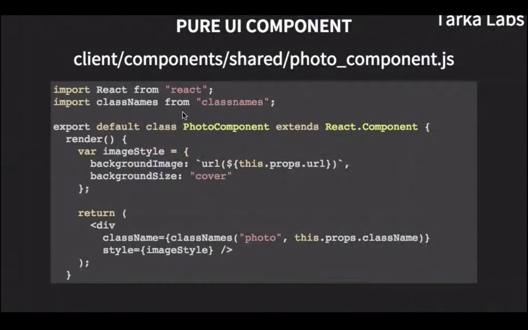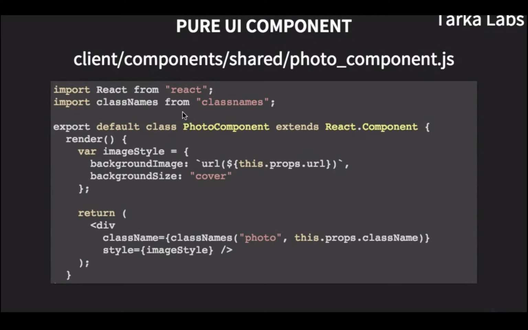So you have the photo component here. What you're seeing is a pure UI component. That is, it does not maintain any state of its own. The UI component basically re-renders itself as and when its props change. As you can see, you have just the render function. Of course, the code here is in ES6, and the JSX templating library is being used.